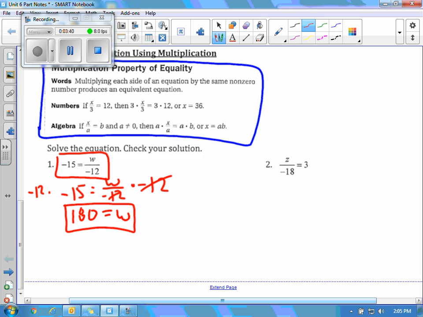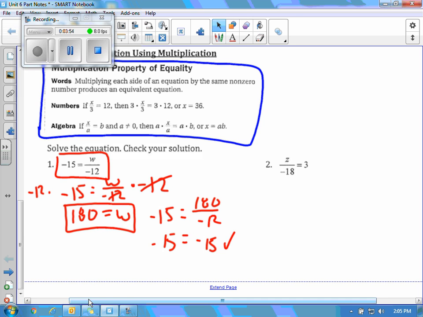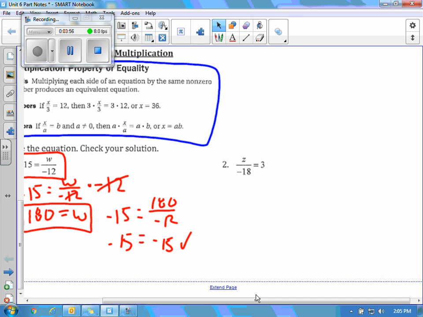Now I can plug in a check, so I'll have negative 15 equals 180 goes in for w, divided by negative 12. If I do 180 divided by negative 12, I get negative 15, so I know I'm correct there. Looking over at number 2, again, I'm going to start by boxing and rewriting.